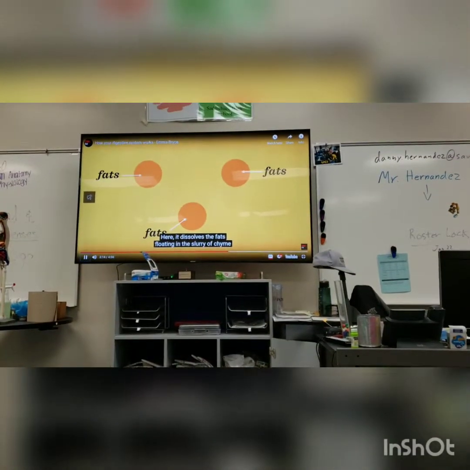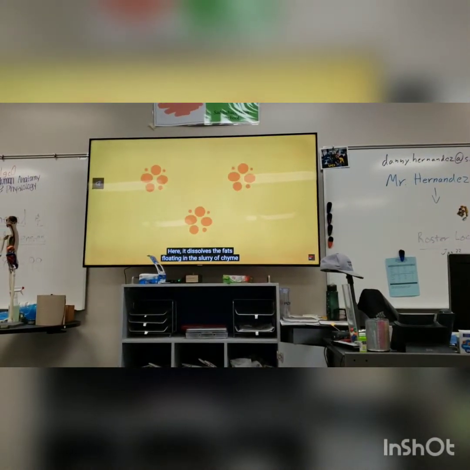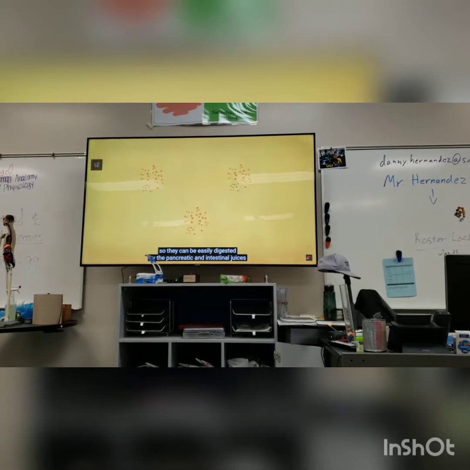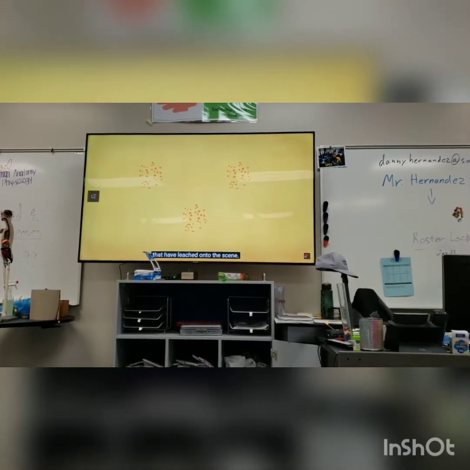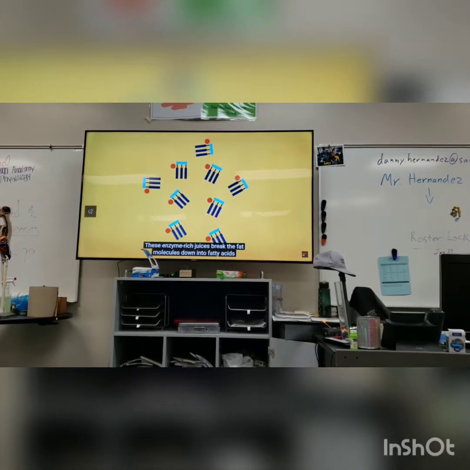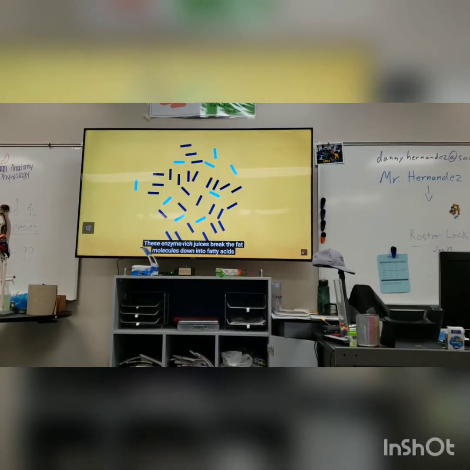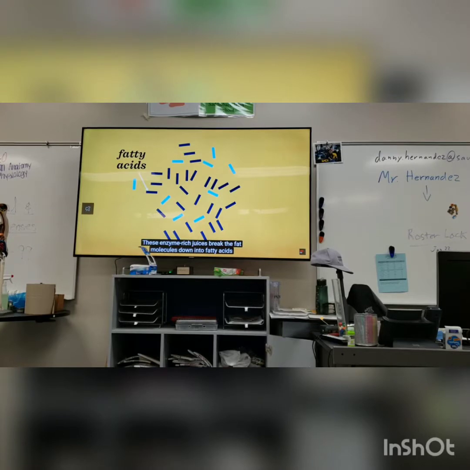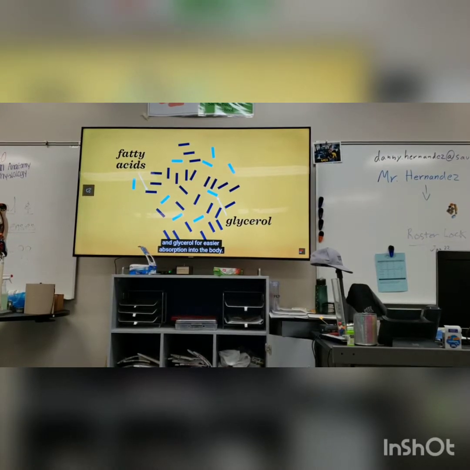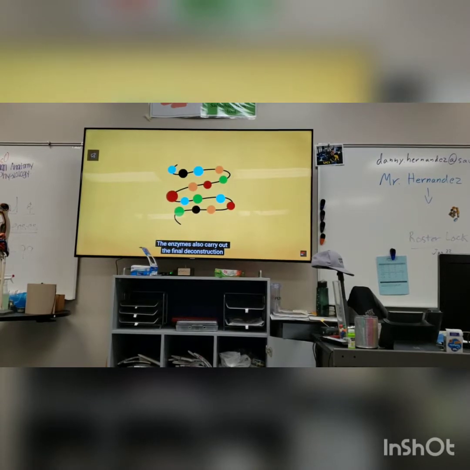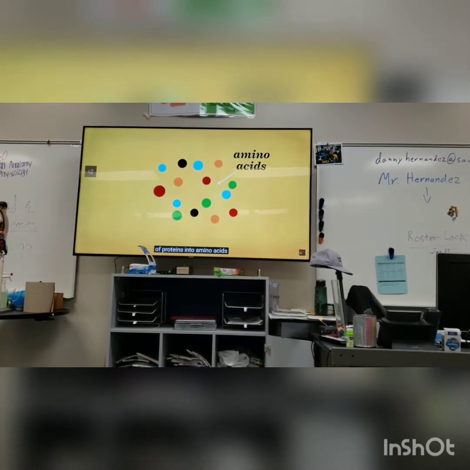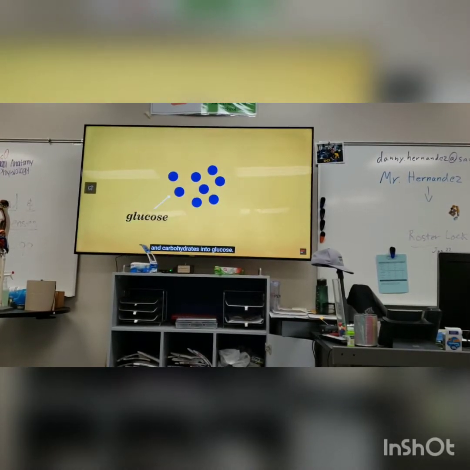Here, it dissolves the fats floating in the slurry of chyme so they can be easily digested by the pancreatic and intestinal juices that have leached onto the scene. These enzyme-rich juices break the fat molecules down into fatty acids and glycerol for easier absorption into the body. The enzymes also carry out the final deconstruction of proteins into amino acids and carbohydrates into glucose.